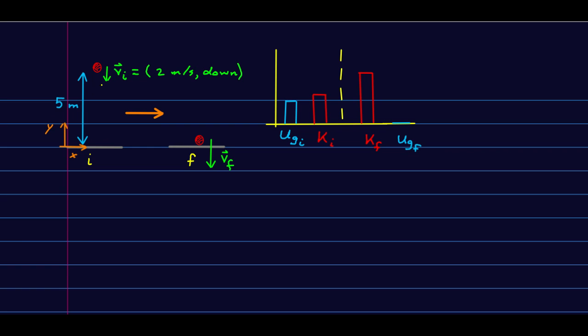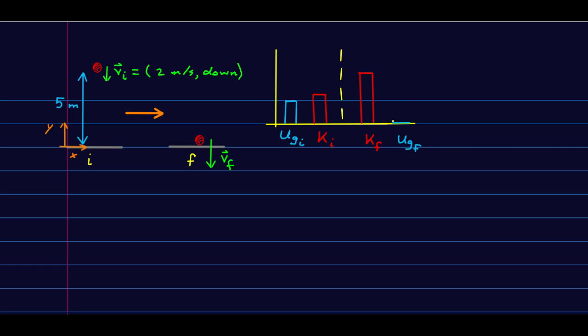Here's this very familiar situation. We've got a ball. It's initially moving down at 2 meters per second. It's 5 meters above the ground. Later, it's just about to hit the ground. It's moving down with some speed that we don't know. And we know what the energy bar chart looks like for this. It initially has some gravitational potential energy. It's moving at the start, so it initially also has some kinetic energy.